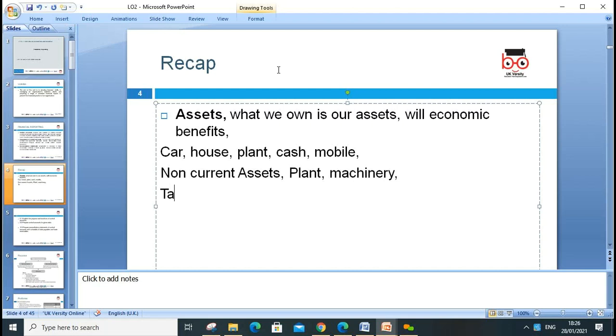Then tangible assets, which are assets we can see, like buildings, or anything with physical substance, a body or structure. What is intangible, please? Intangible, we can't see it, but it is still an asset.